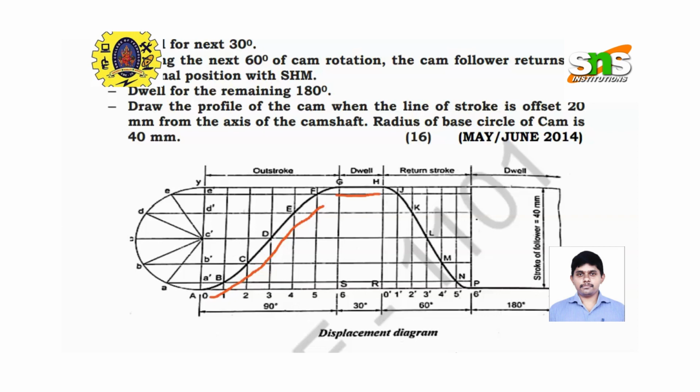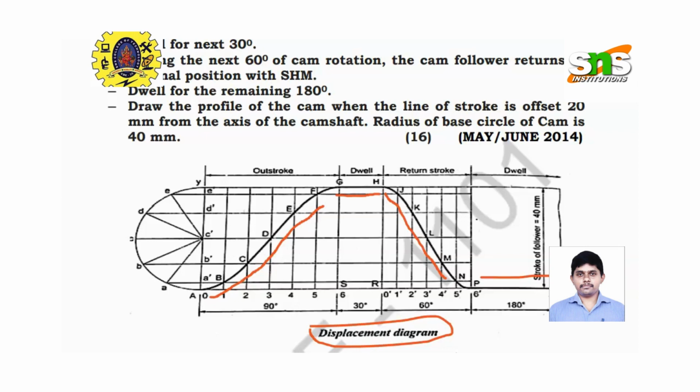Following that, the follower goes down from the top position to the bottom position, which means it is displaced from the largest value back to the lowest value. You trace this line by connecting those dots, and maintain the dwell period for a certain amount of angle. So this is the cam and follower motion drawn with the help of the displacement diagram, and this diagram is called the displacement diagram.